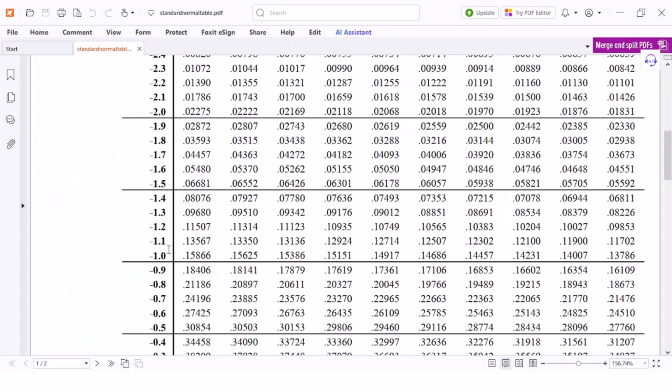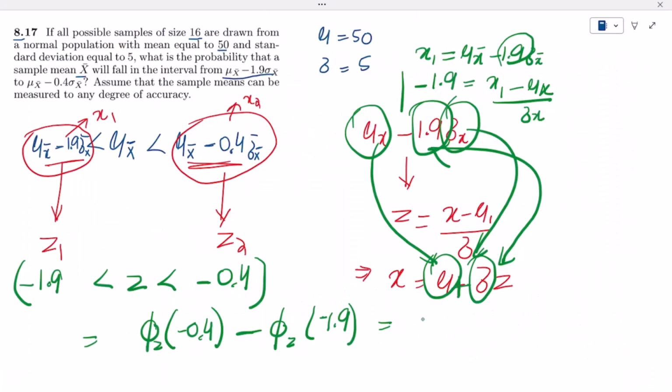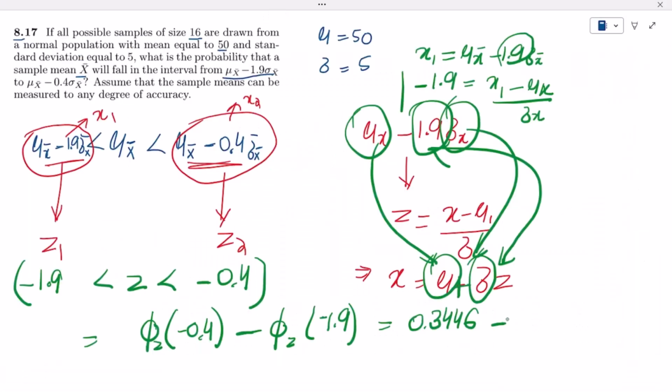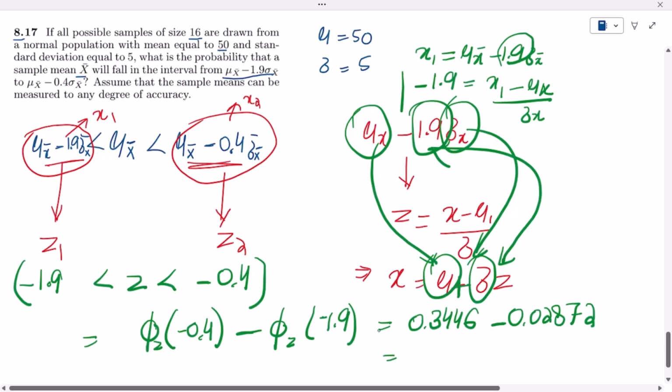Minus 0.4 is 0.3446, minus the value for minus 1.9, which is 0.02872.